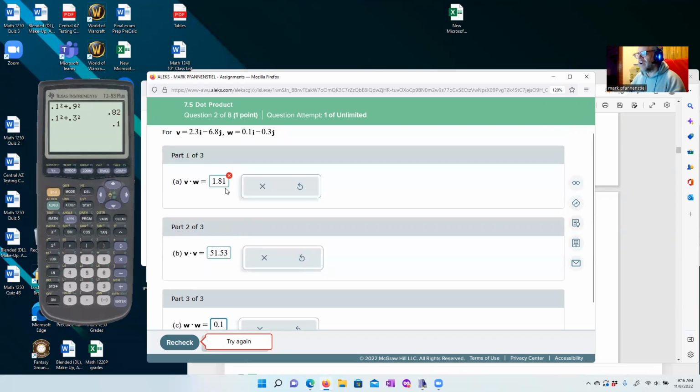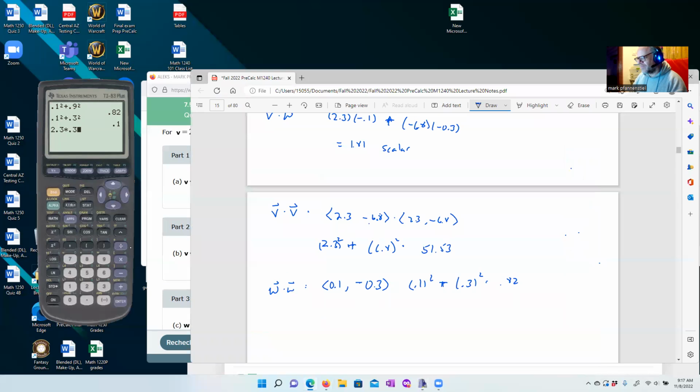All right, and we'll double check our first one, V dot W. That's going to be 2.3 times 0.1, and I'll bet I wrote down the wrong one. So 2.3 times 0.3. That's my V dot W. The nice thing is that V dot W is equal to W dot V. So dot products are what they call commutative.